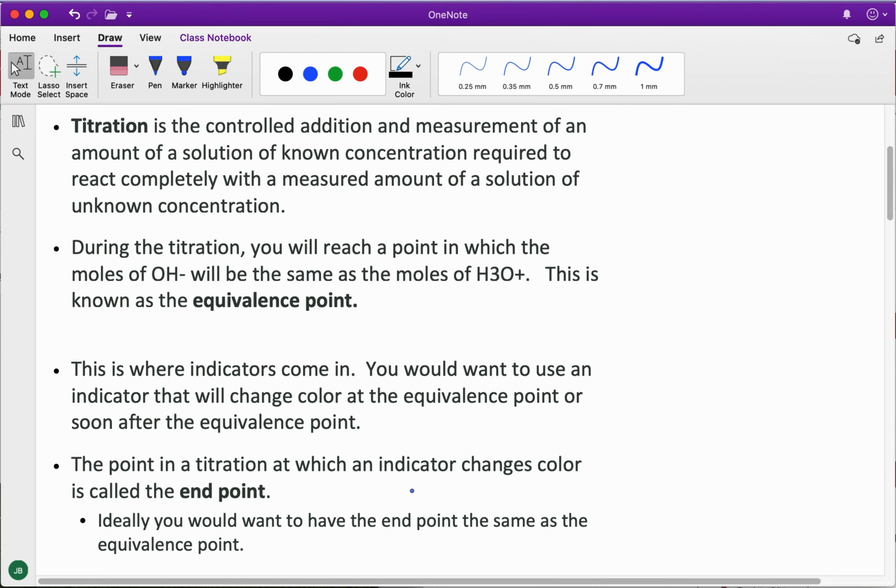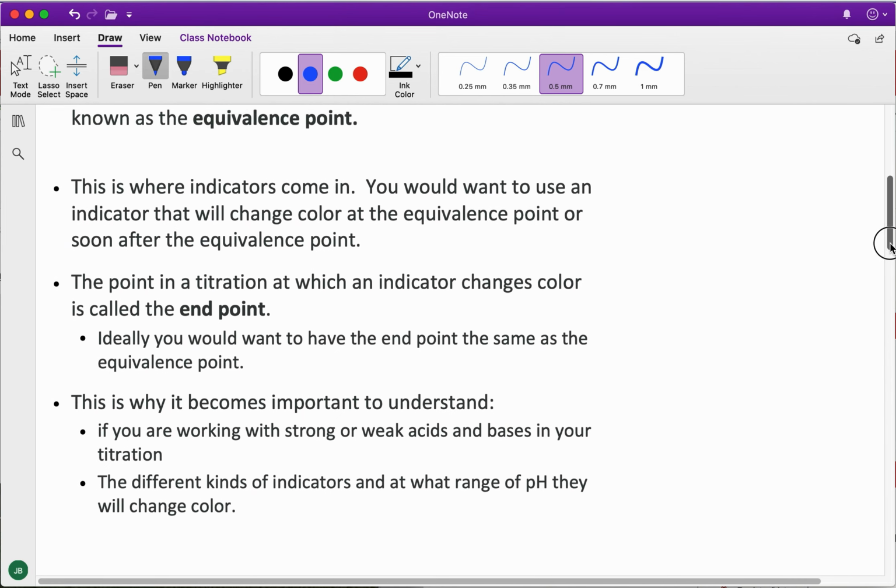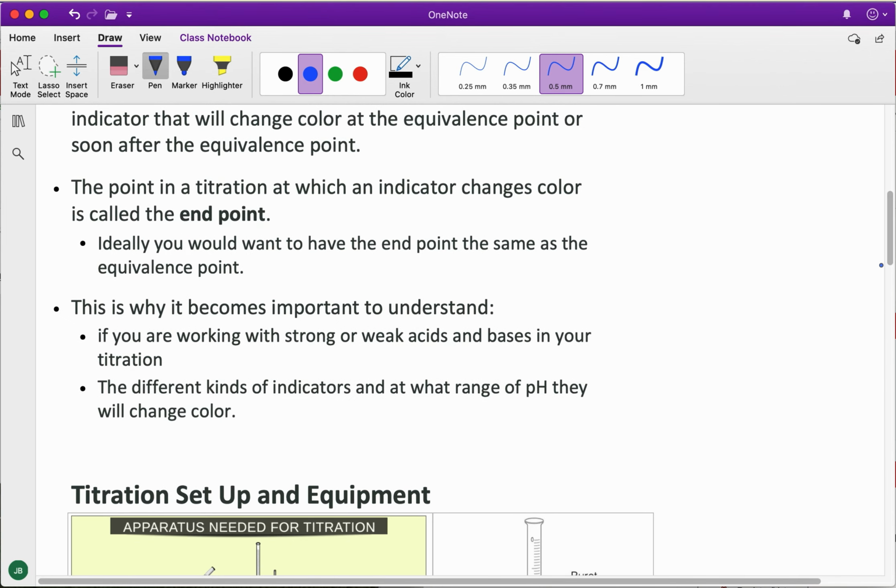And once you have that color change, and that color change stays there, and you'll see in the videos on Friday what I mean when I say that the color change persists, it stays there. When you reach where the color change happens and it stays, we call that the end point. Now, once again, ideally, you would want to have the end point the same as the equivalence point.